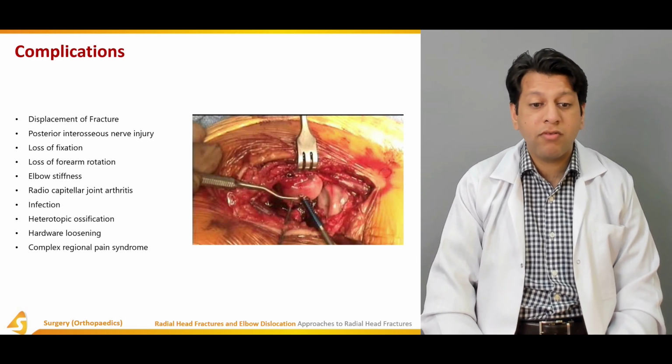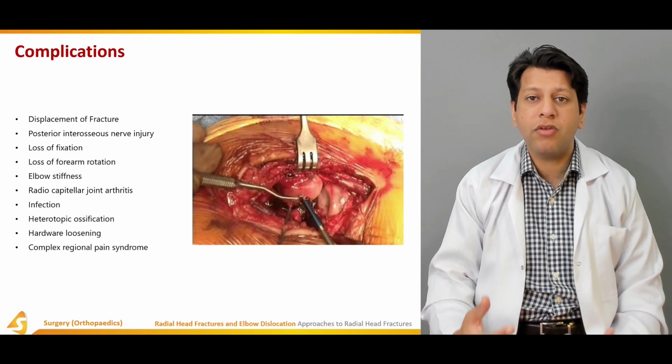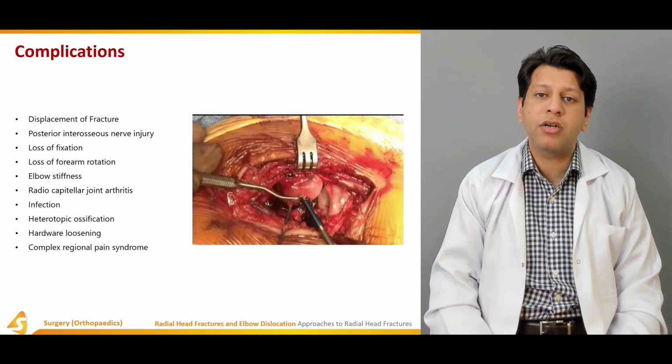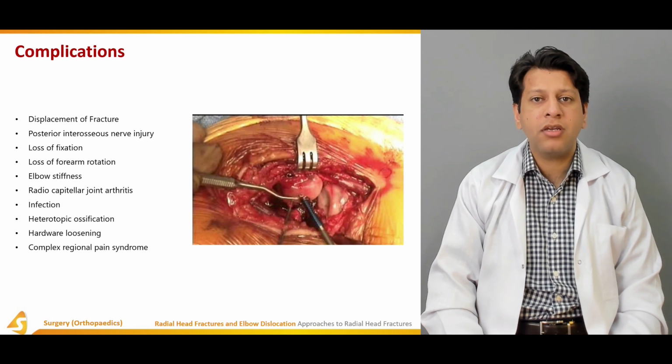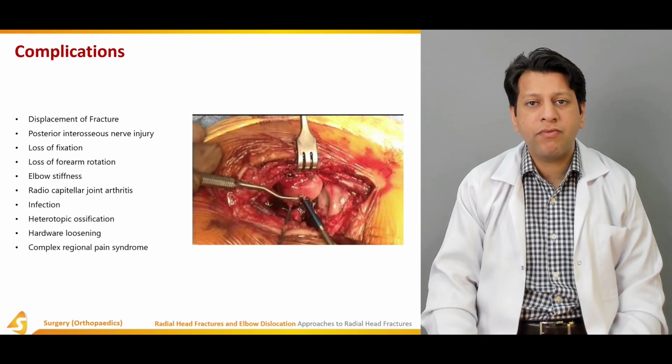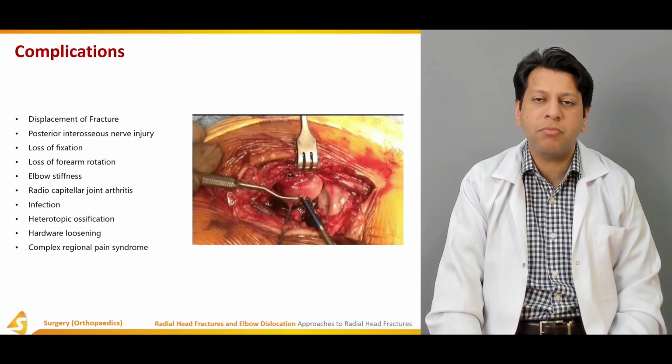There could be hardware loosening and complex regional pain syndrome. All these could be associated with surgery of the radial head, whether we are doing open reduction and internal fixation, a radial head arthroplasty, or just fragment excision, especially if the radial head comminution is less than 25%.